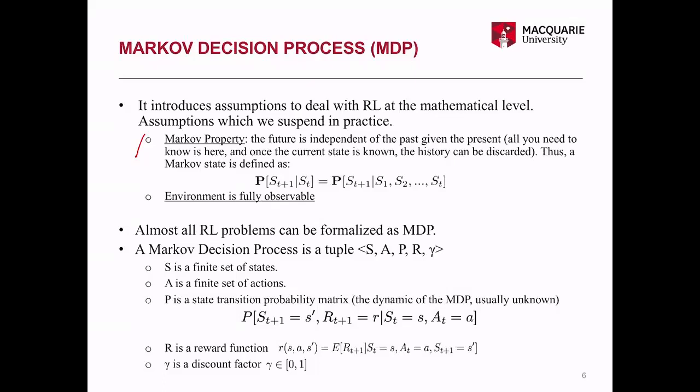But to counter that and to keep the Markov property, you will see that we modify the state to include all the necessary information. So that's one possibility. The other possibility, which I will mention later, is that we will augment our agent with some sort of embedded memory.